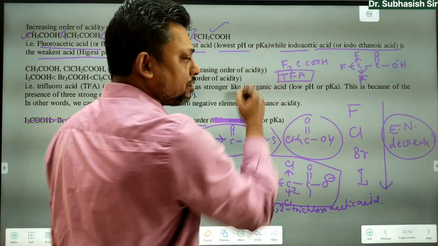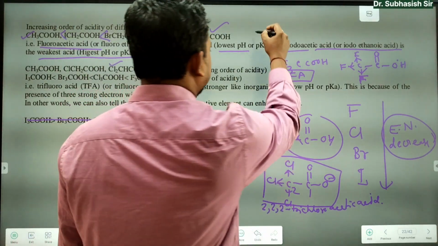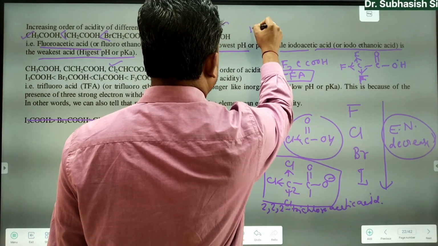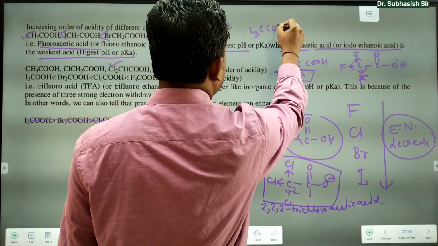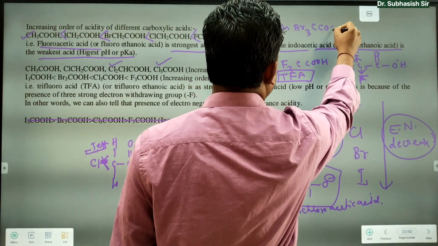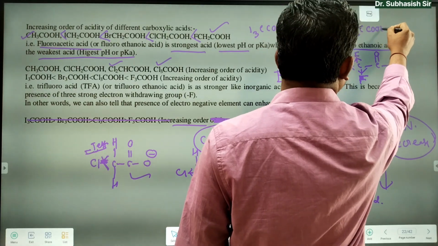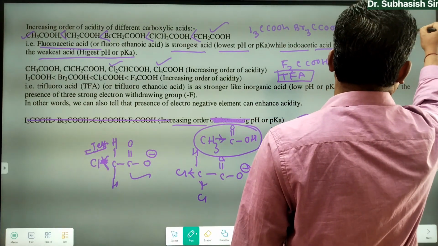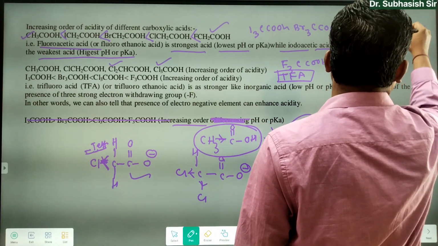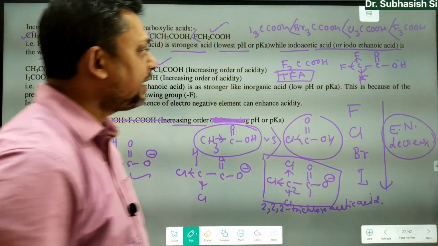Trifluoroacetic acid. Acidity will be maximum, right? So if you have I3CCOOH, Br3CCOOH, Cl3CCOOH, and F3CCOOH, among these trifluoroacetic acid is the strongest acid, right?